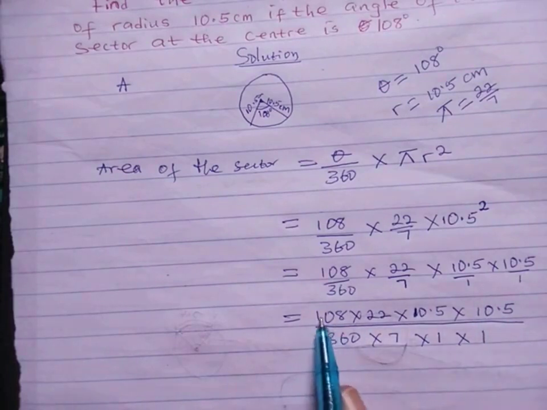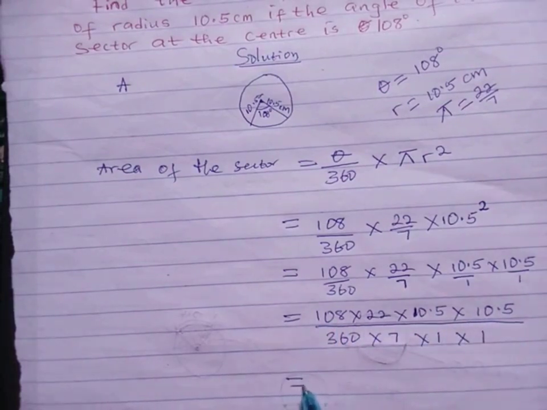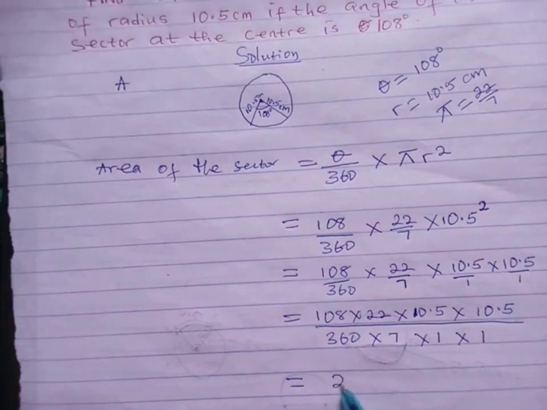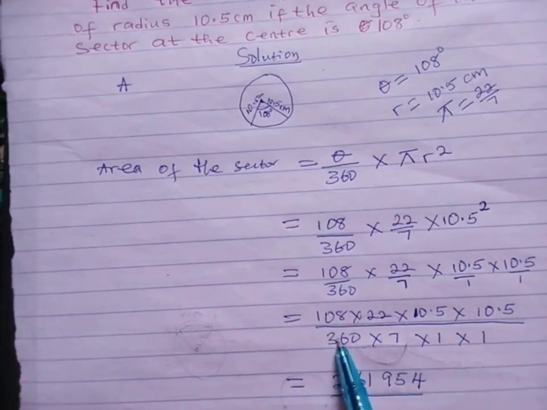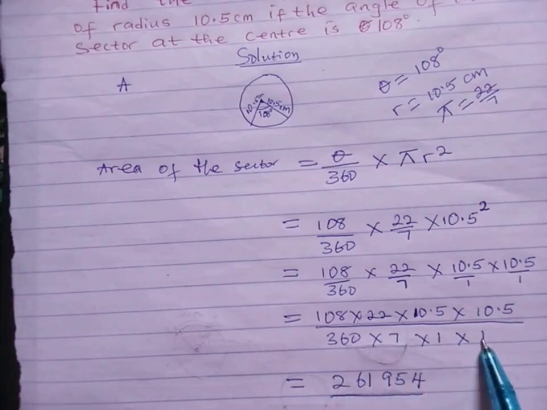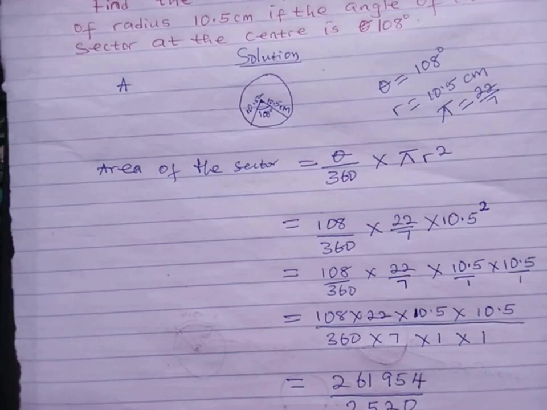Once we multiply out the numerator, you end up arriving at this very answer, 261,954. And when you multiply the denominators, 360 times 7 times 1 times 1, it will give you 2520. So the next thing you need to do is to divide them out.